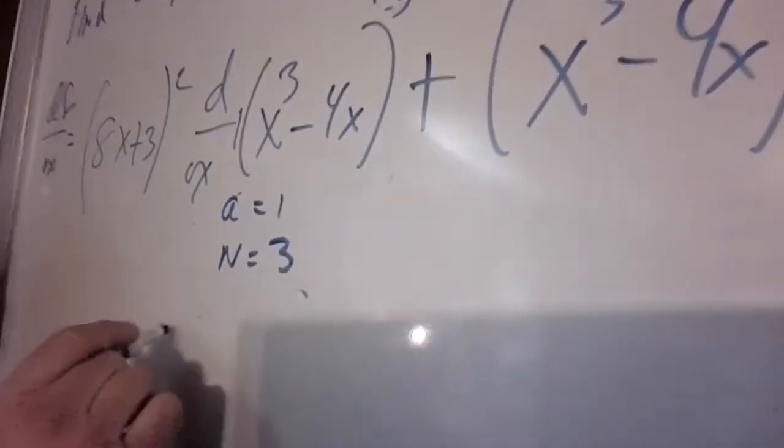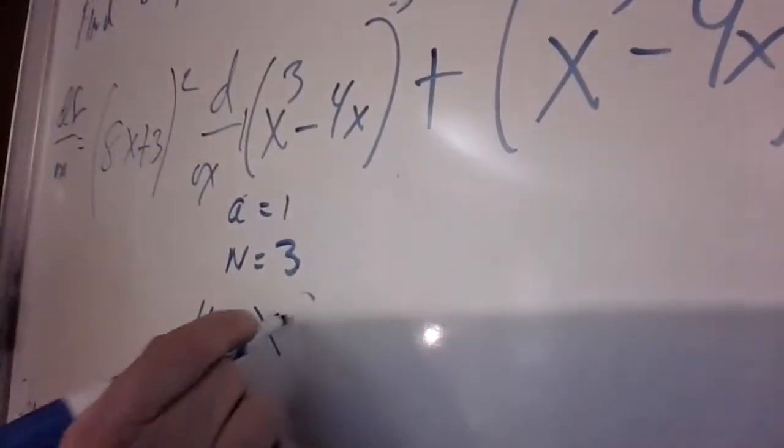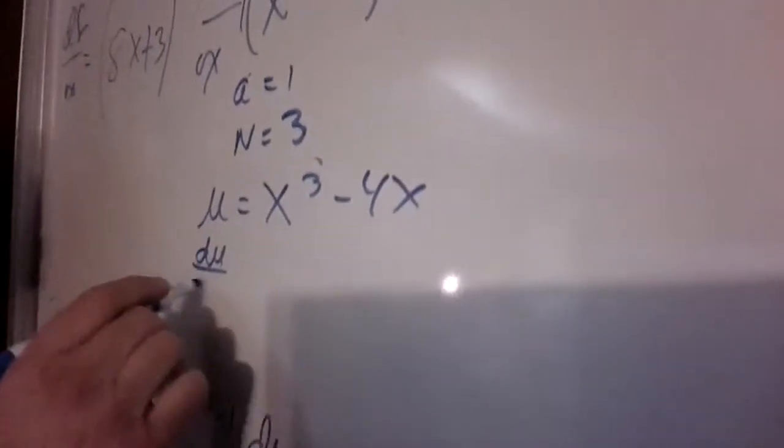So this is going to be a equals 1, n equals 3, u equals x cubed minus 4x, and du/dx equals 3x squared minus 4.